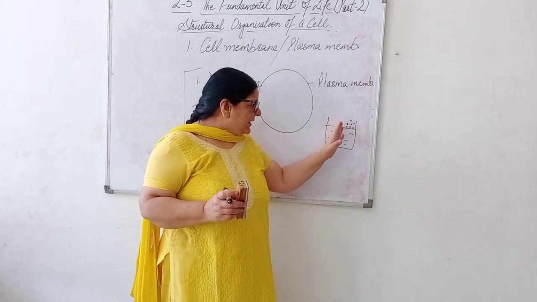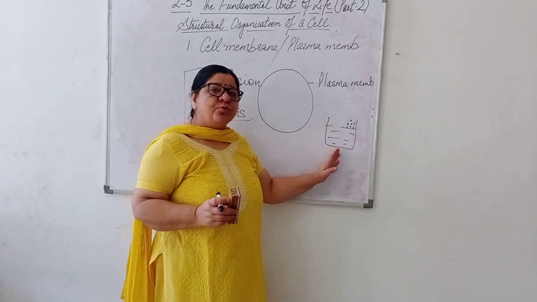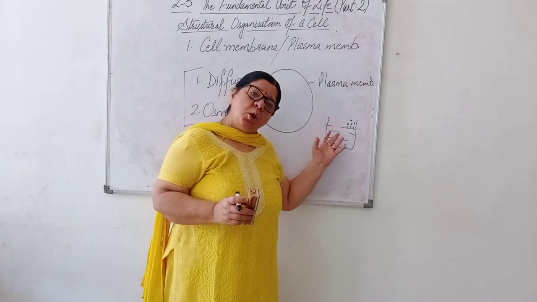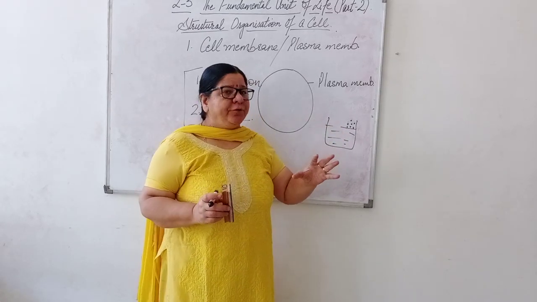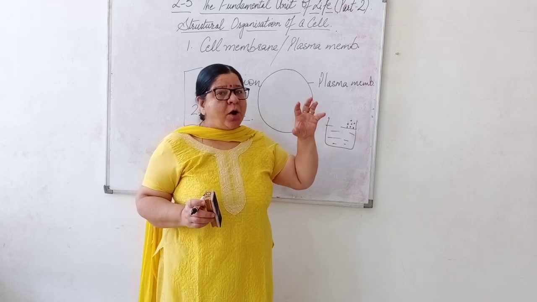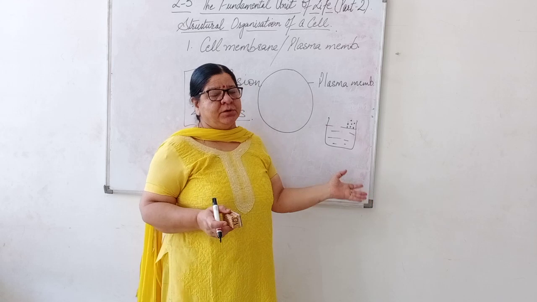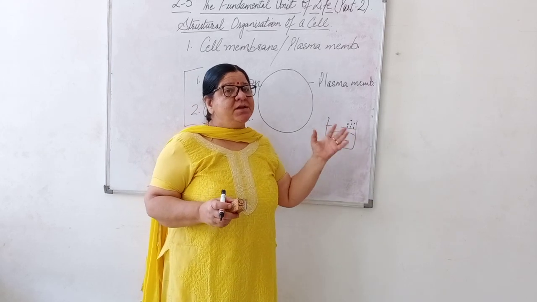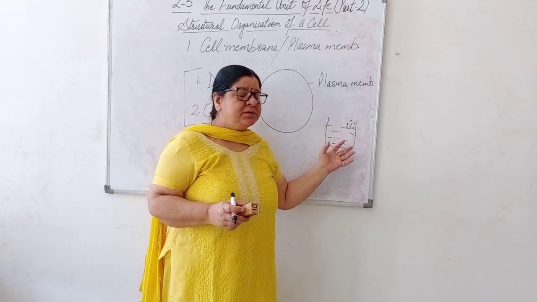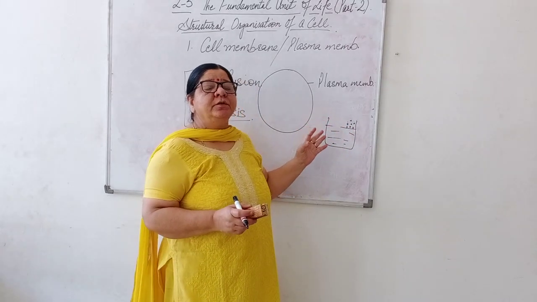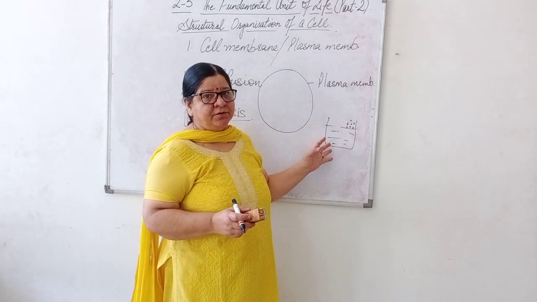So, it will quickly spread out throughout the water where the concentration is low. So, what is diffusion? It is the spontaneous movement. This is the proper definition also of diffusion. The spontaneous movement of substances from the higher concentration to the lower concentration.